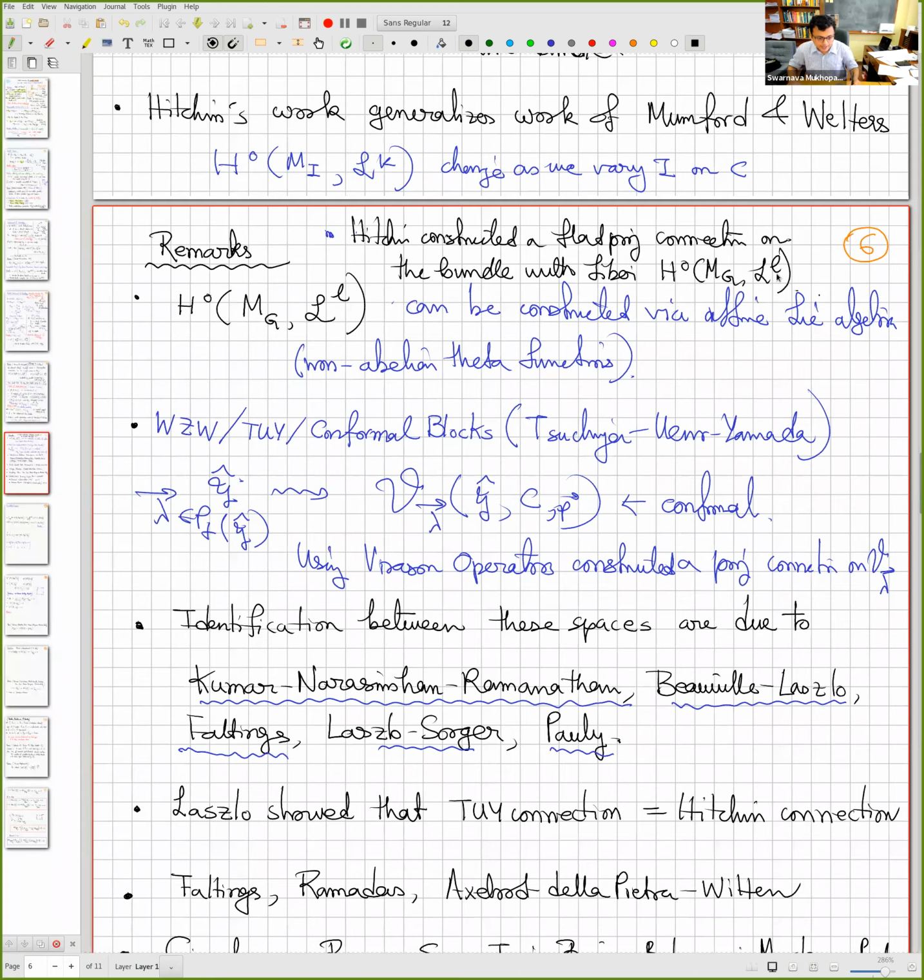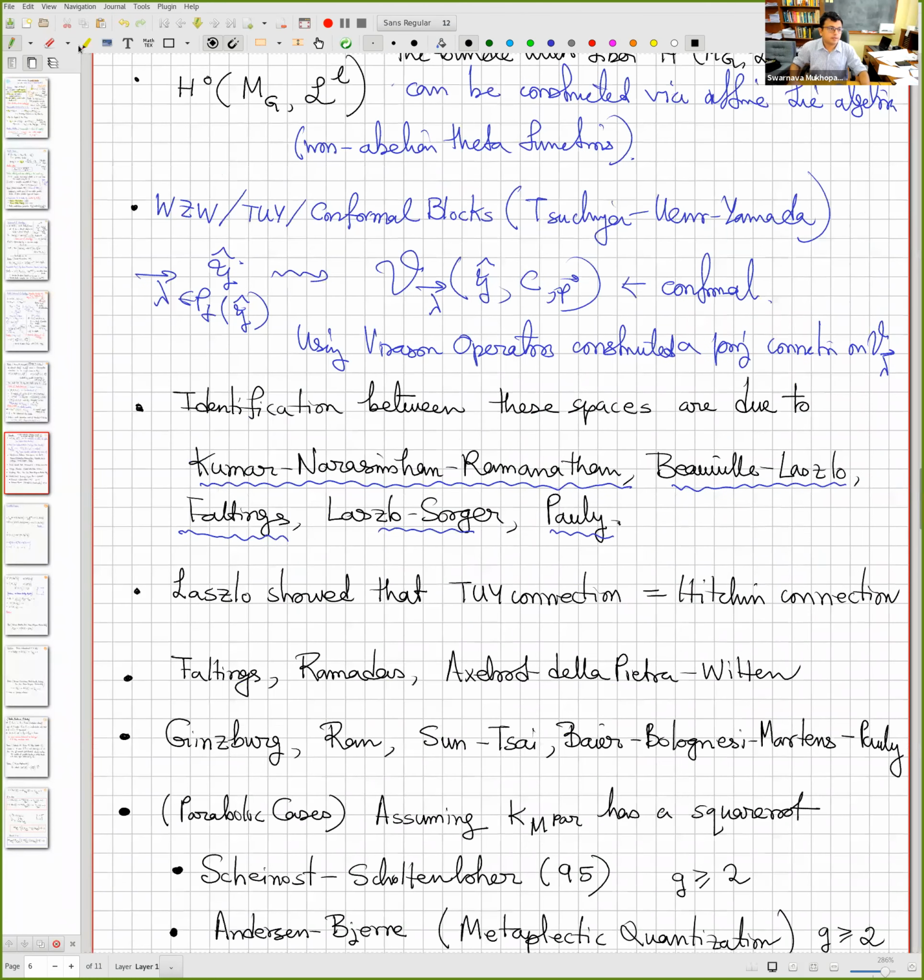Now one can naturally ask: on the same vector bundle we have two projective connections. One is given by the TUY connection, the Tsuchiya-Ueno-Yamada one, and the other is given by Hitchin's connection, which we generalize. One can ask whether these two connections are the same. And Laszlo proved that in the non-parabolic case, the TUY connection and Hitchin's connection coincide.